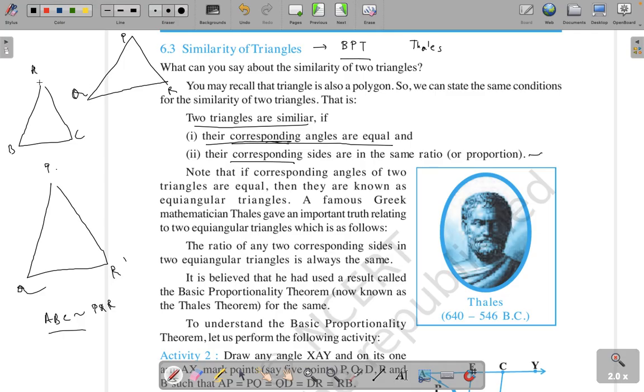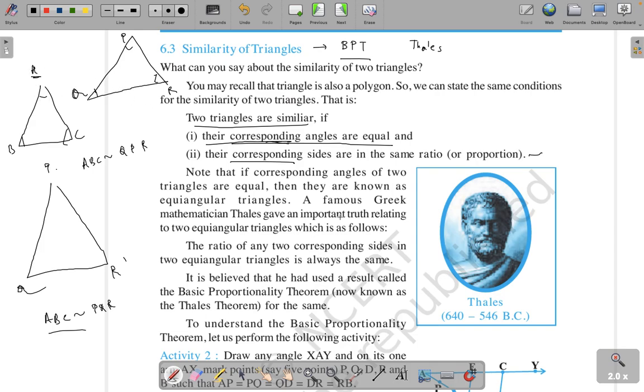Then you compare A with Q, B with P, and C with R. Then you say A, B, C. Since we are comparing A with Q, you'll write Q, B with P, so P, and then C with R. So it depends on what you are comparing. If these two are the same, and this and this are the same, then you should go in this order. So this is what you mean by corresponding.